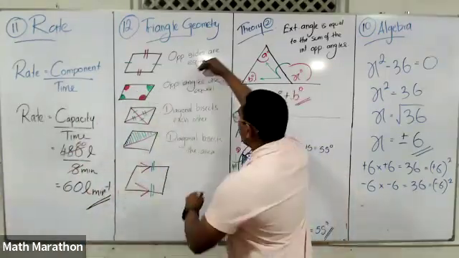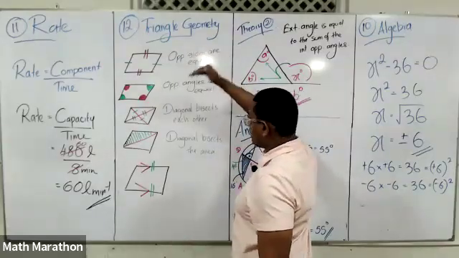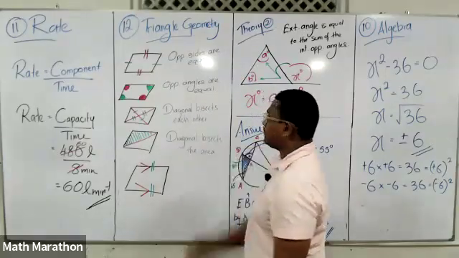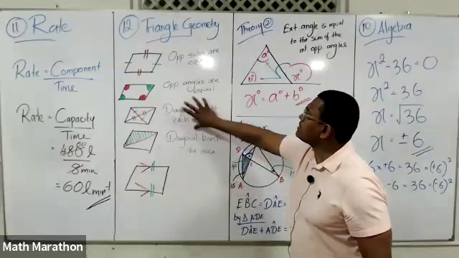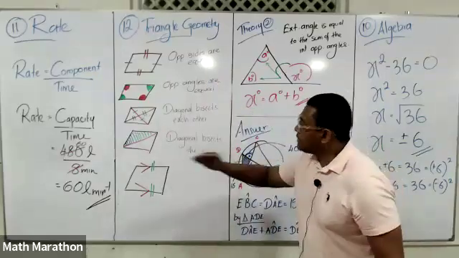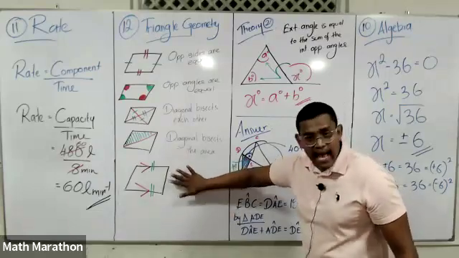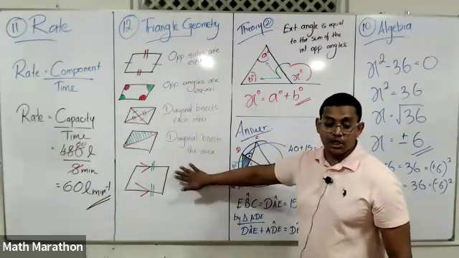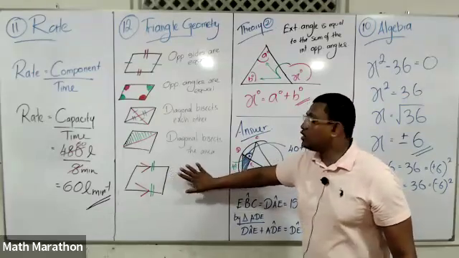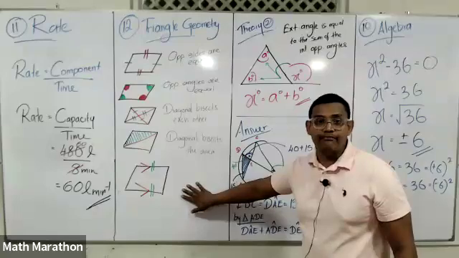Here, we have four theories, four properties. Opposite sides are equal, opposite angles are equal, diagonals bisect each other, diagonal bisects the area. These are just what they teach you as mandatory. The most important thing is this. In the exam, if they ask you to prove a quadrilateral is a parallelogram, you use it 90%, I can go up to 95%.